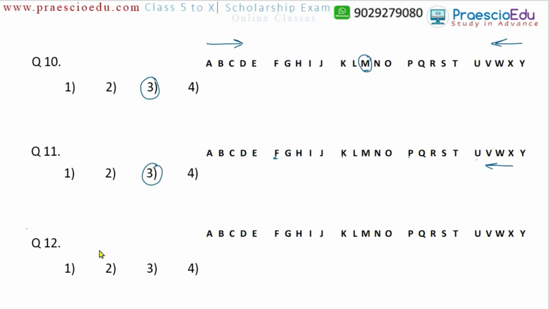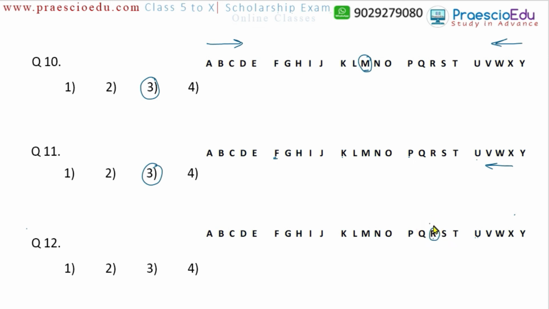Now question number 12, in the alphabet what is the place of the letter which is 10th to the left side of the letter which is 8th from the right end of the alphabet? First condition, we will mark out 8th from the right end. So this is the 5 and then this is the 8, then 10th to the left.